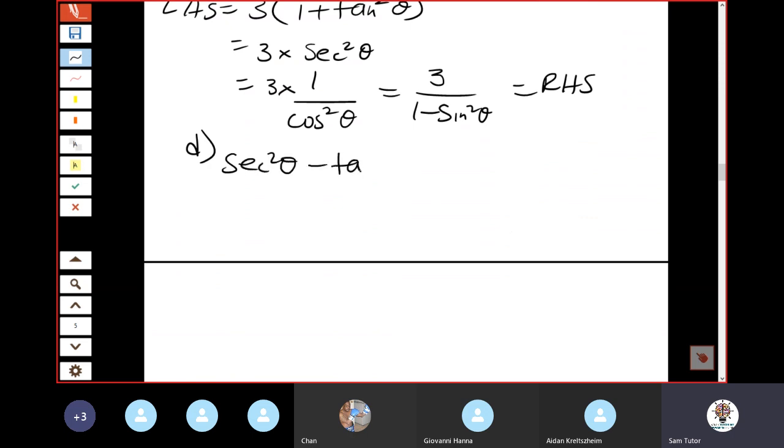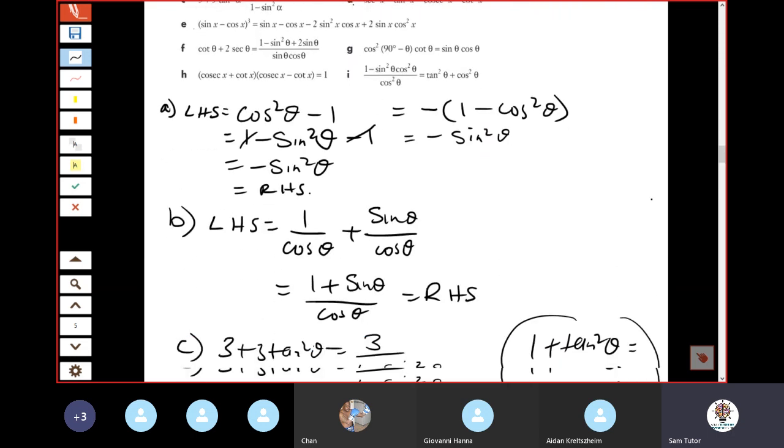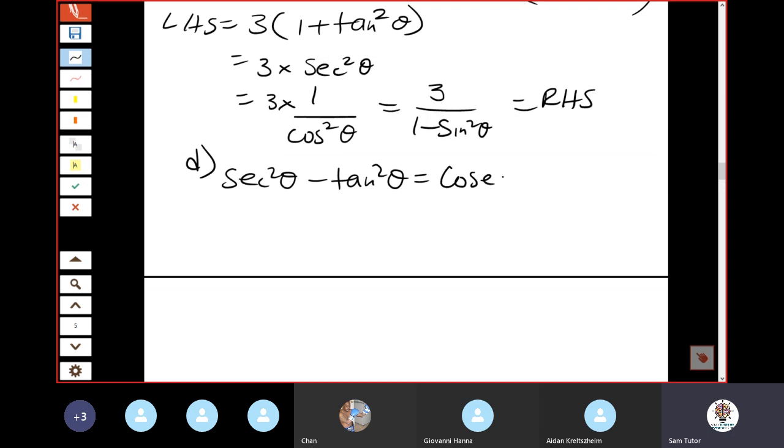Sec squared minus tan squared, and we want it to become what? Cosec squared minus cot squared? Fair enough. Okay. Who shall we pick for this one?